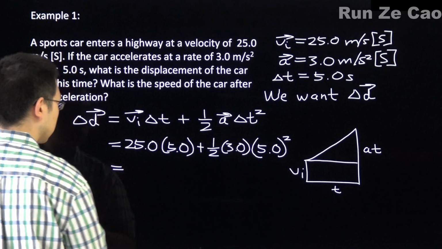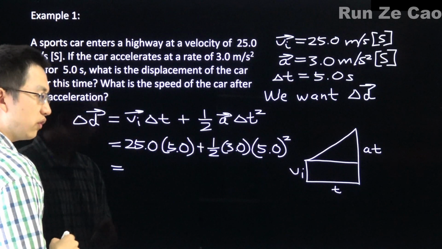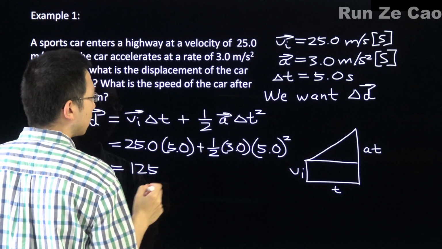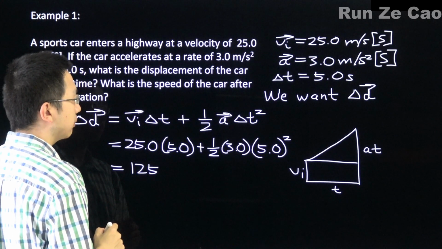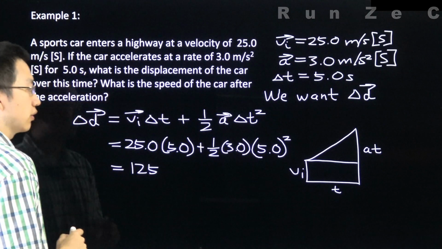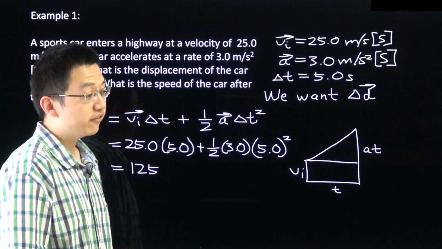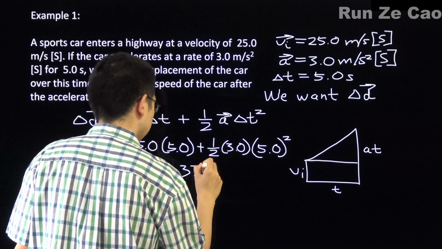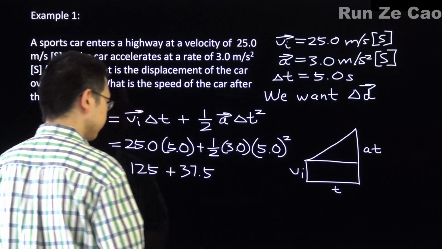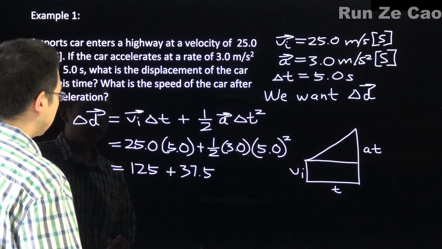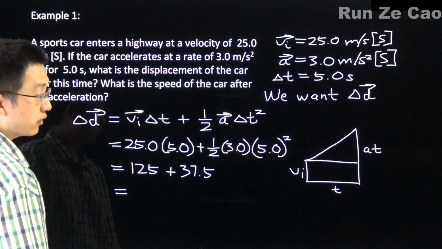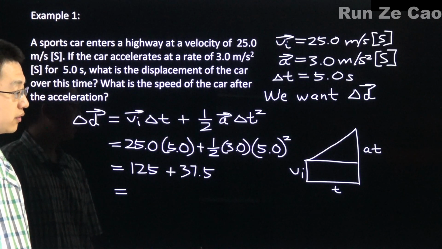So this is equal to 25 times 5 is 125 plus 1/2 of 3.0 times 5.0 squared. 5 squared is 25. Times 3 is 75. And then you divide by 2. Okay, this gives us 125 plus 37.5.